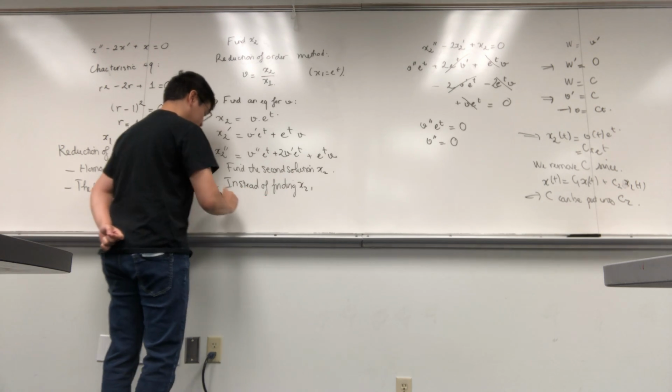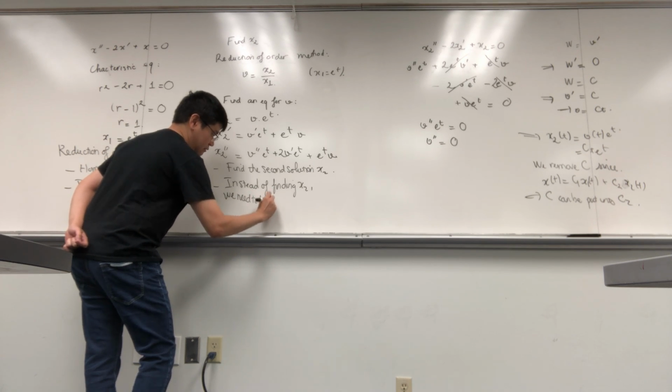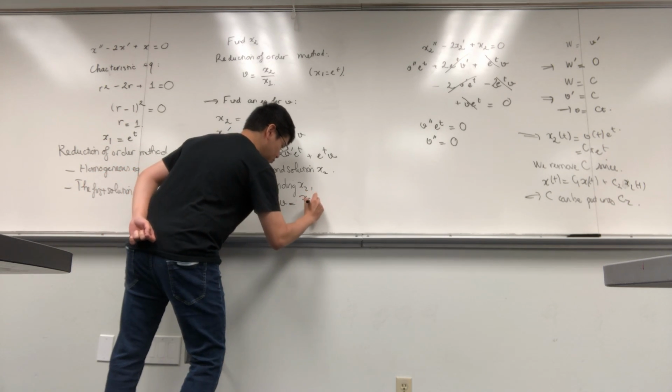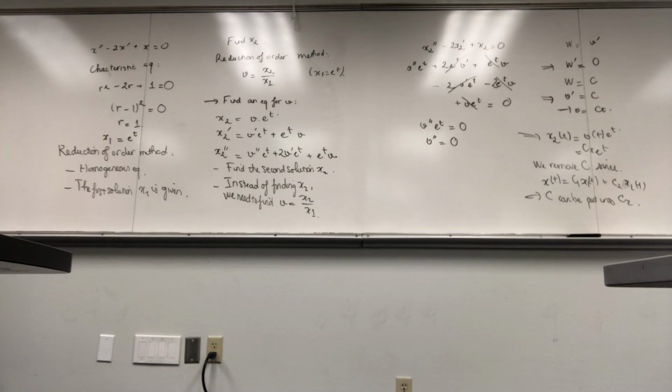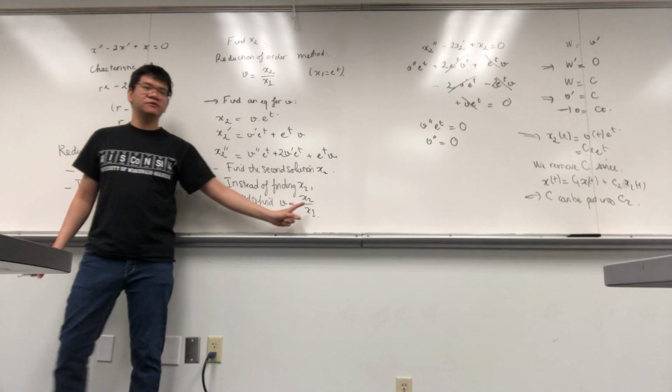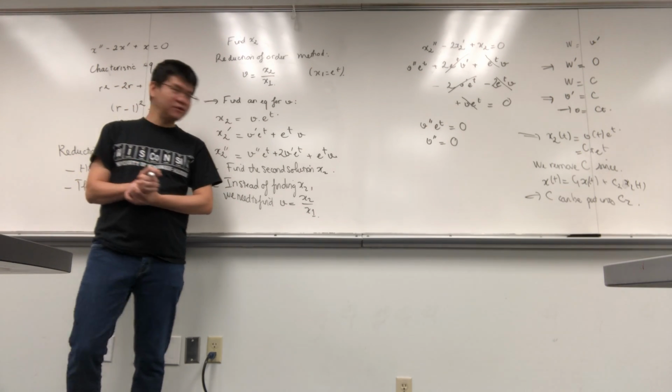We need to find v, which is x2 over x1. So instead of finding the second solution, you find the fraction x2 over x1. In order to find it, you need an equation.